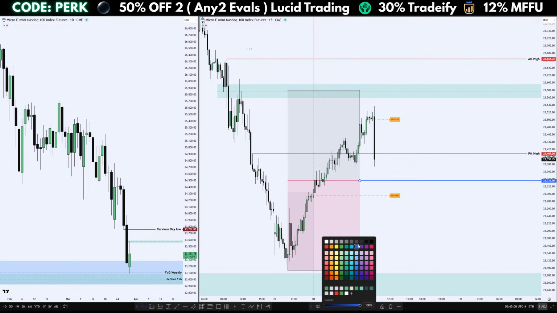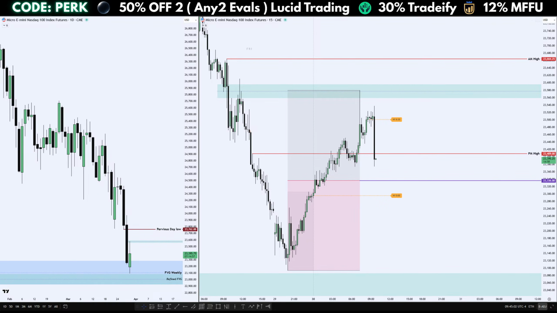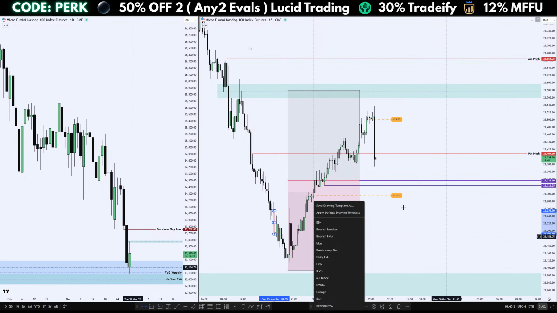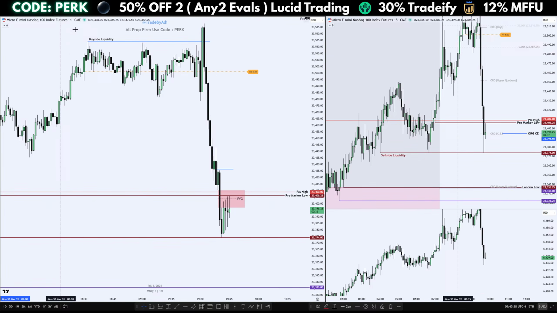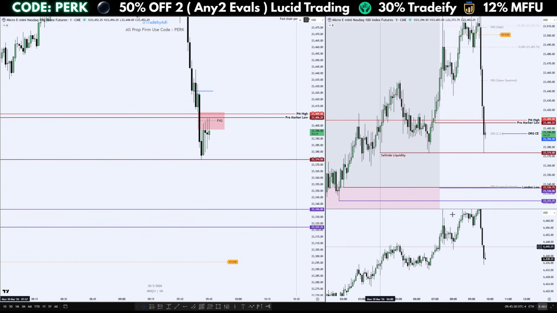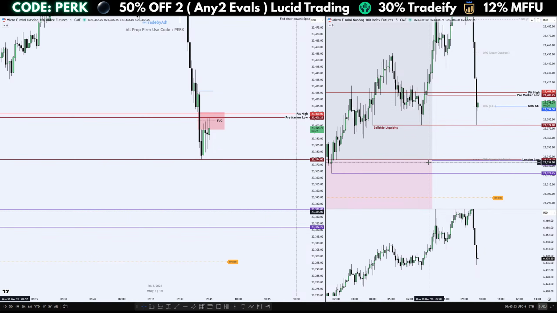This is going to be the purple line, 23,336, and the first low we are going to mark down is 23,332, and this is the new week opening gap of the current week, this gap. So these levels are important on a 15-minute chart. Okay, if we have the big expansion, then most likely we are going to hit the London low also.